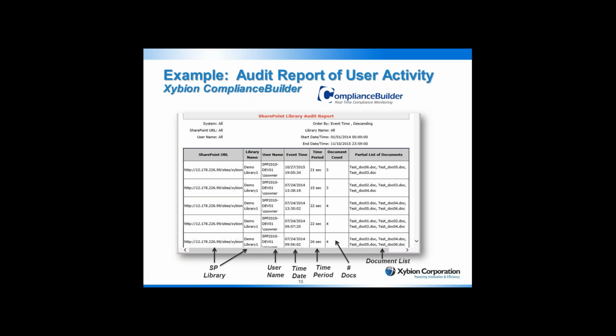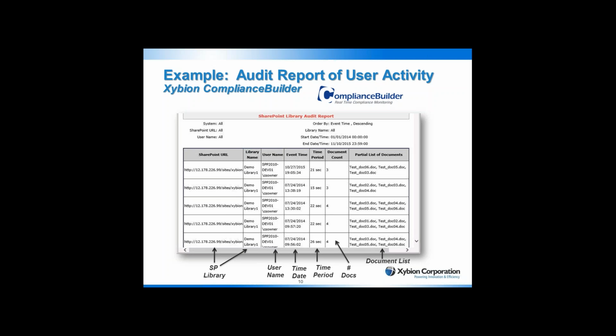This report can be pulled up anytime from the Compliance Builder web interface. And all of these events that are listed here also get emailed in real time as the alert is triggered to whoever your system administrator might be.